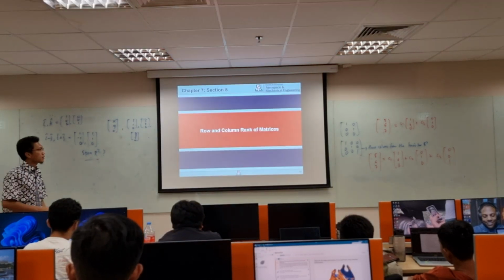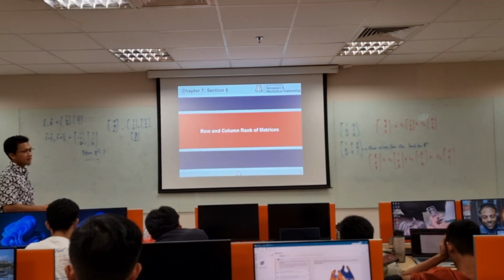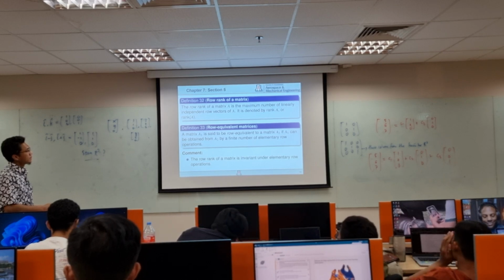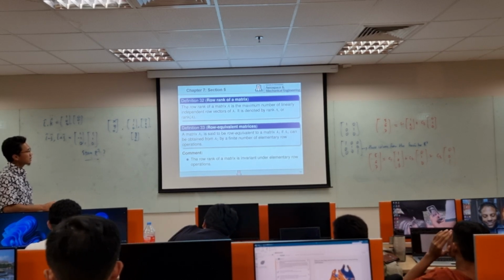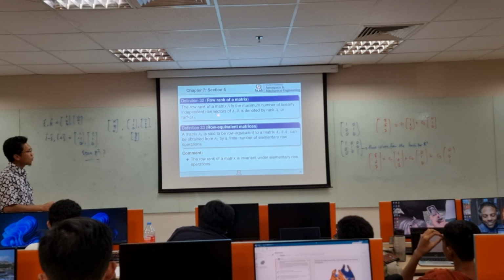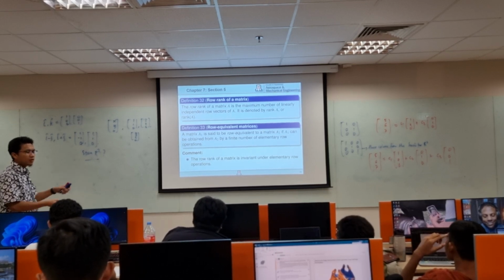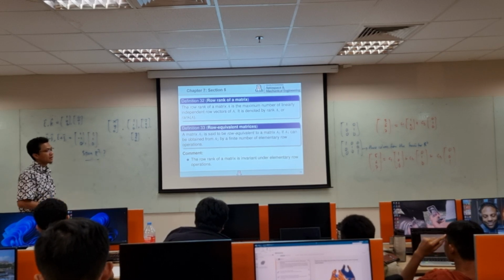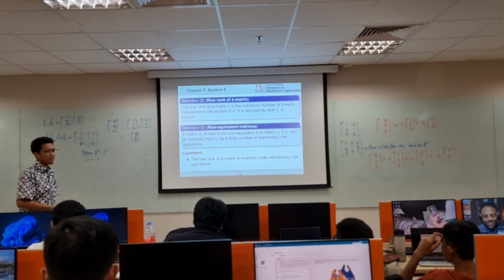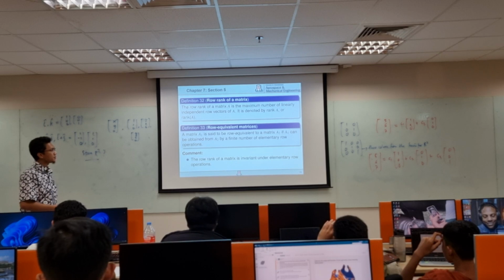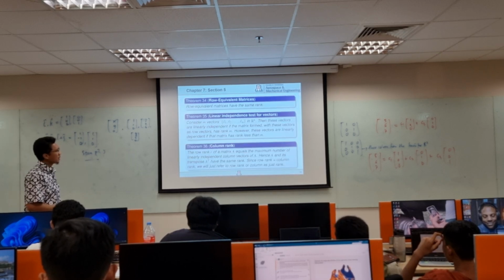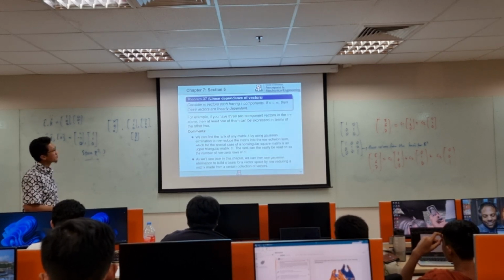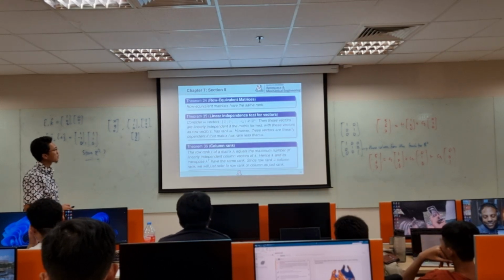Okay, now about the rank of a matrix. This is the definition: the maximum number of linearly independent row vectors. That's called row rank. So you only need to find out how many linearly independent rows there are.